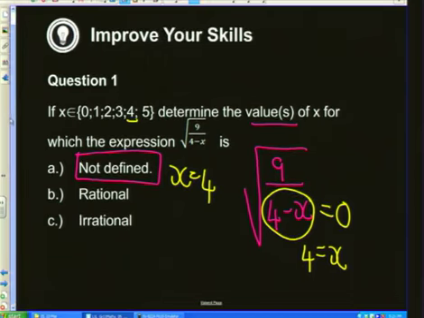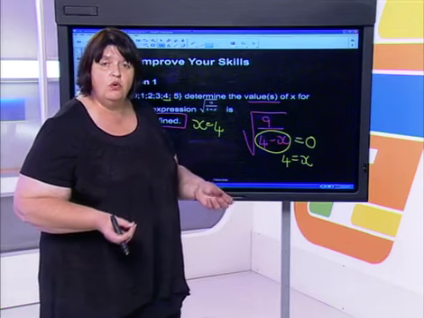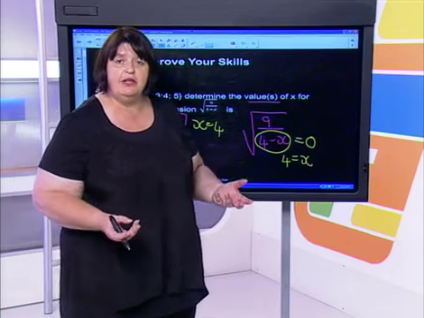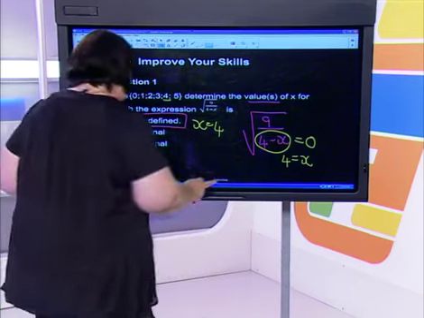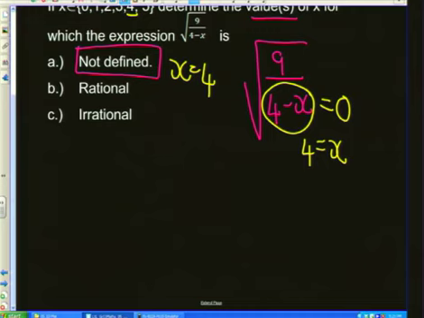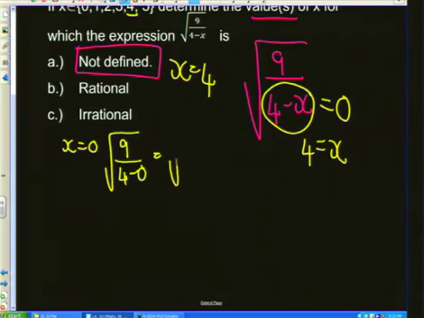Right, the next thing they want to know is for what values is this expression rational? Now, quite honestly, we know that 4 is undefined, so all we'd have to do is use the other values and see what they look like. So let's get hold of them. Okay, so if we start at x equals 0, this would become the square root of 9 over 4 minus 0, which is equal to the square root of 9 over 4.